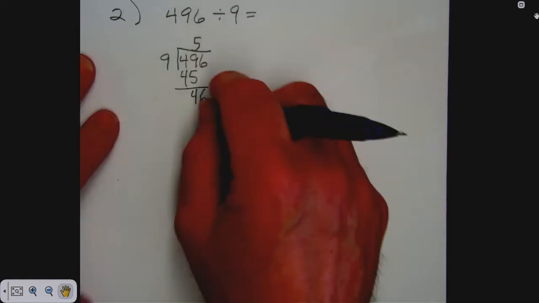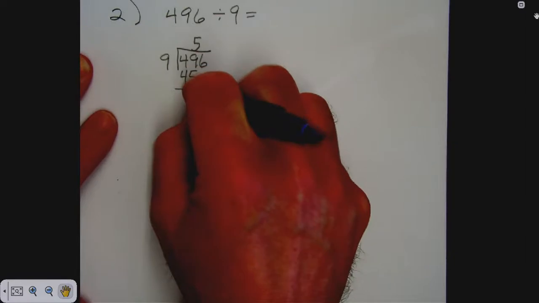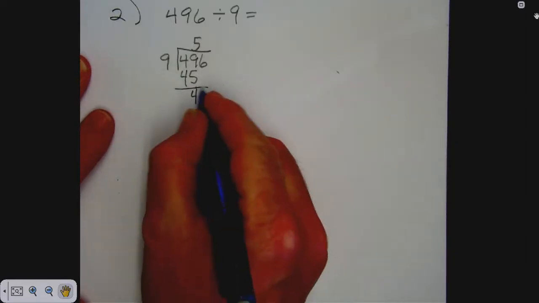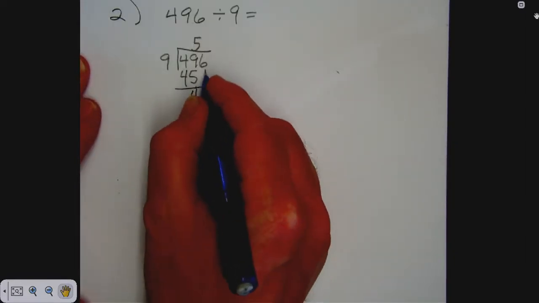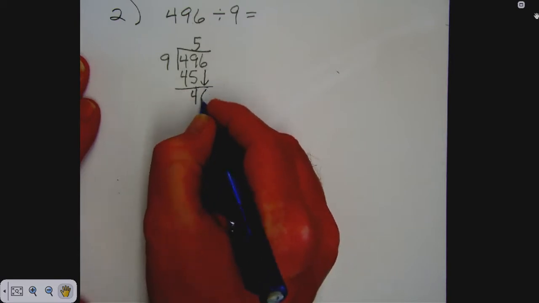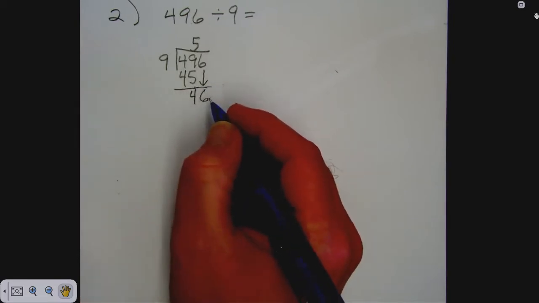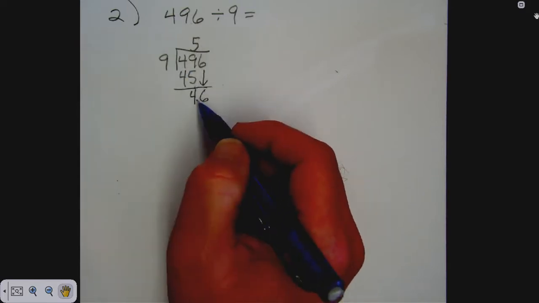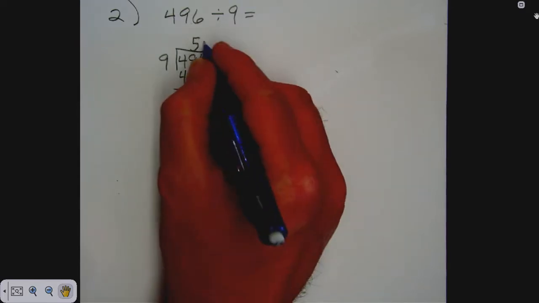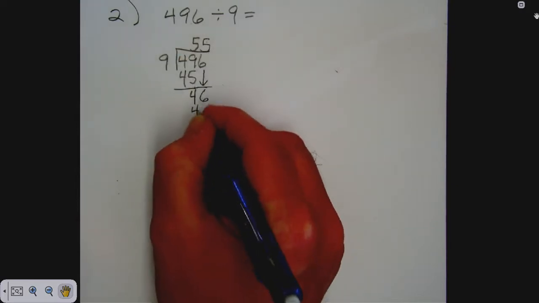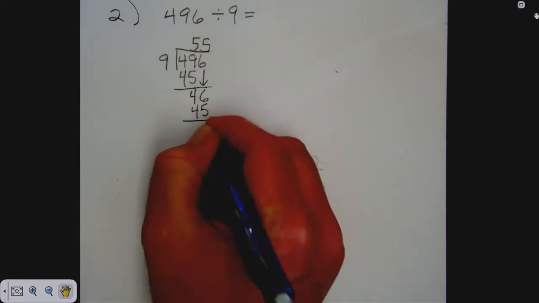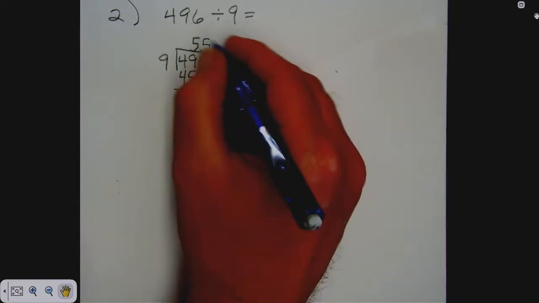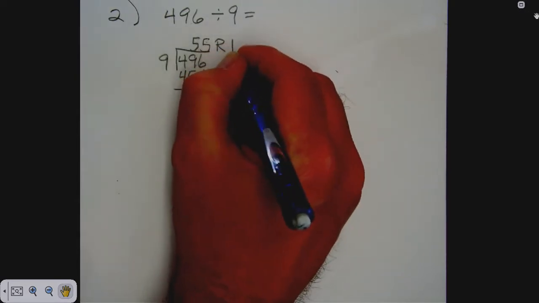And I do my subtraction, and I get 4. Let me back up here a little bit. I'm going a little fast there. I get 4, and then I get to bring down my 6. Now the next question is, does 9 go into 46? Yes, it also goes in 5 times. 5 times 9 is 45, with 1 left over, and so I say remainder 1.